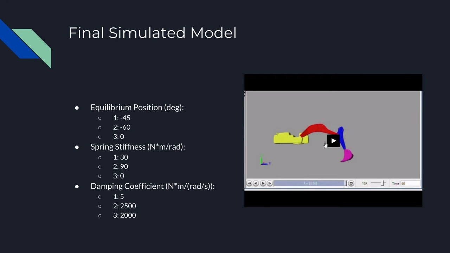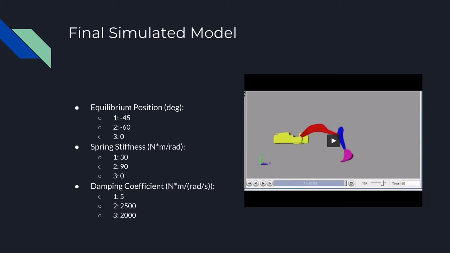And here are our final numbers for our simulated model. Our equilibrium positions, we were able to understand how those positions changed based upon what numbers we inputted, and so that just gave us our starting positions for the model. Spring stiffness, we attribute most of that to our motors. On this boom, we have a rubber band that helps alleviate tension.